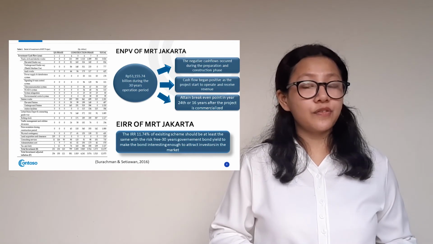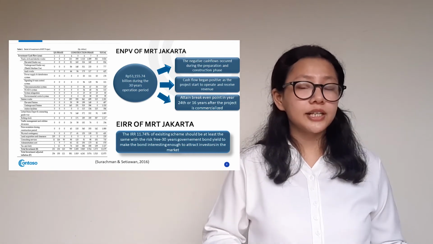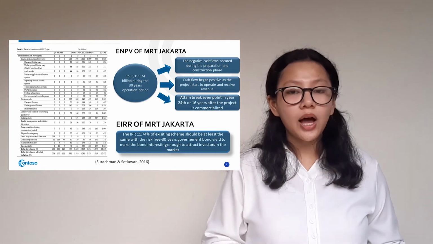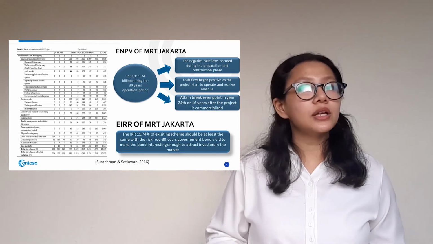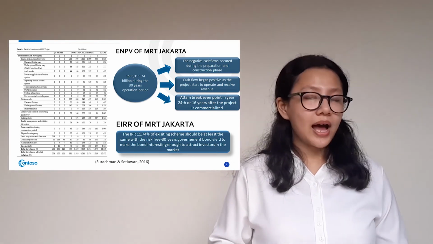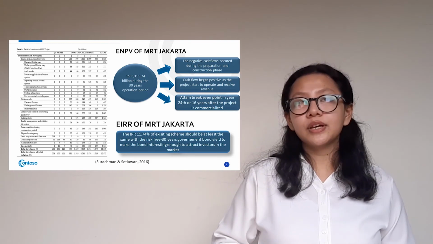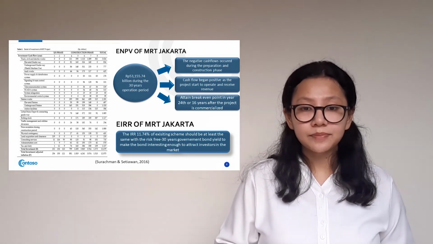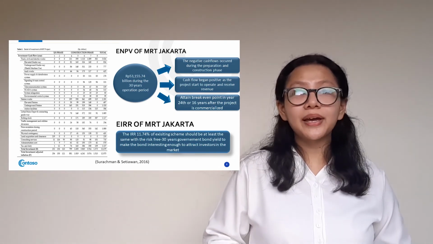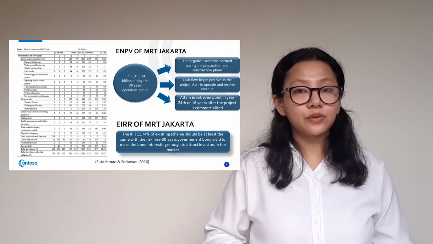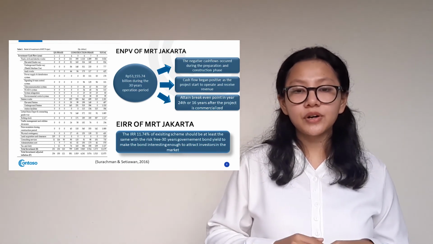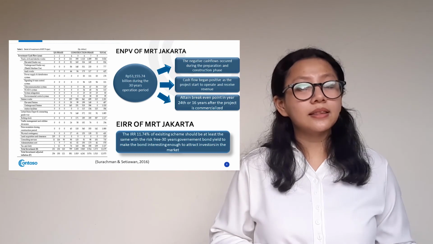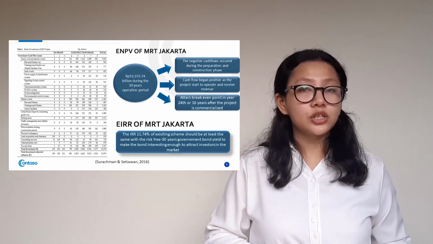It means that the investment cost is fully recovered by MRT revenue after 16 years of its operation. Meanwhile, the IRR of 11.74% of existing scheme should be at least the same as the risk-free 30 years government bond yield to make the bond interesting enough to attract investment to the market.